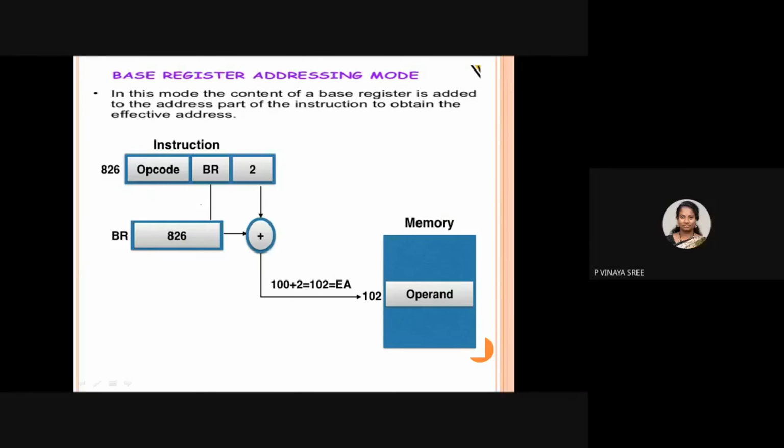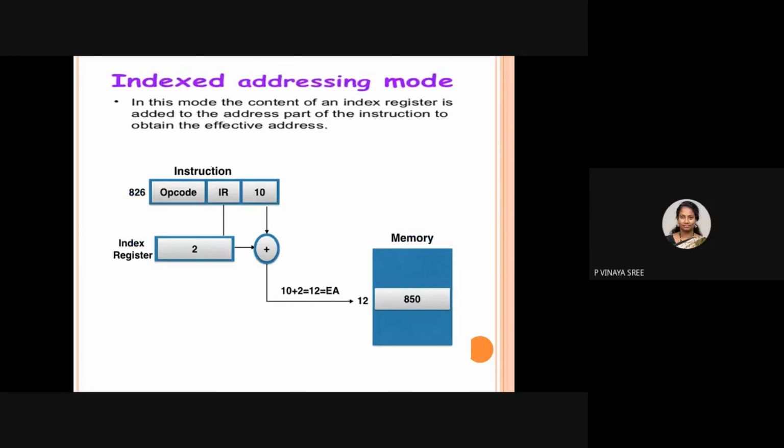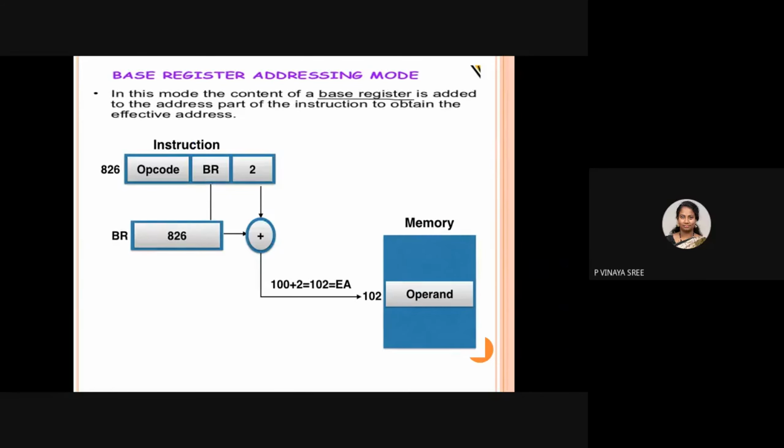Base register addressing mode. In this mode, the contents of the base register are added to the address part of the instruction to obtain the effective address. First of all, you must know the difference between index addressing mode and base register addressing mode.